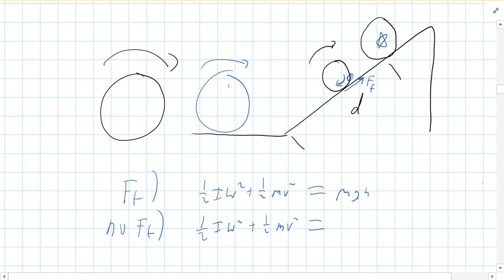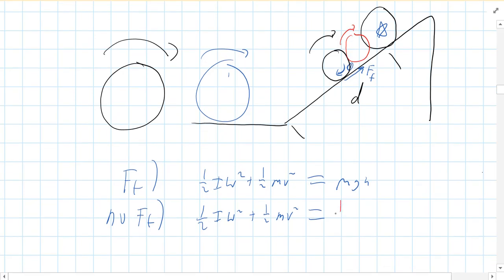What if there was no friction? Okay. Well, if there was no friction, when this disc got to the top of the incline, wherever that might be, it would still be spinning because there's nothing to stop it spinning. So it would stop moving forward, but it would still be spinning.